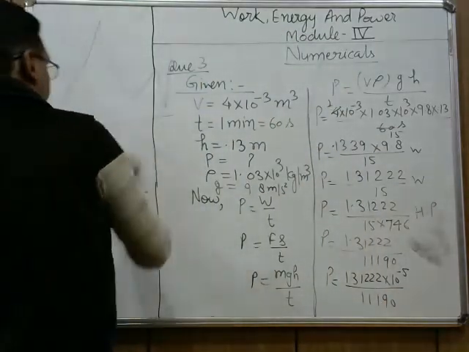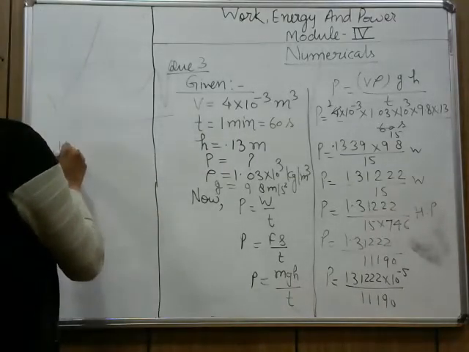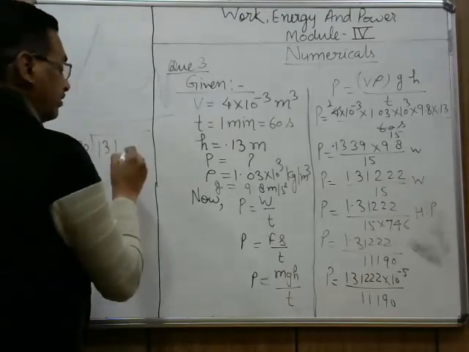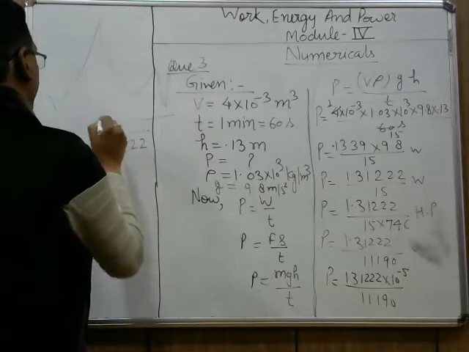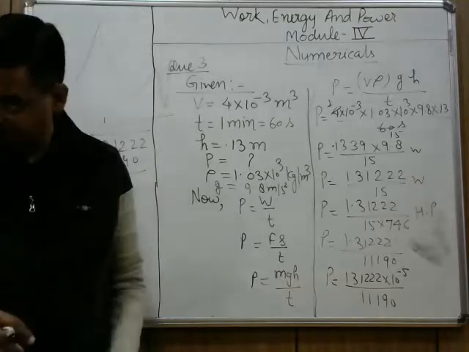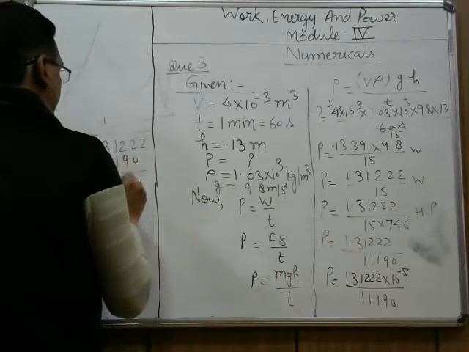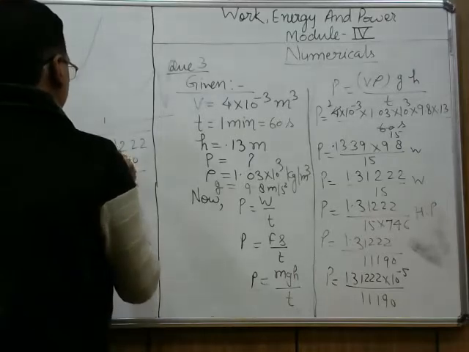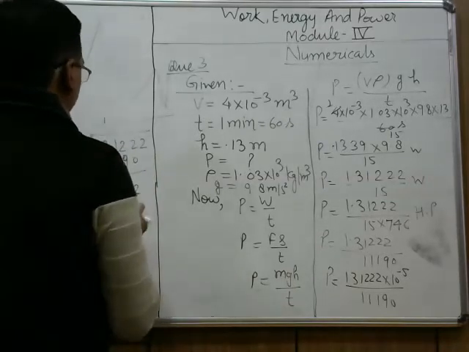Now further on dividing, 13122 divided by 11190, one time 11190. So this is 2, 3, 9, this much I am getting.